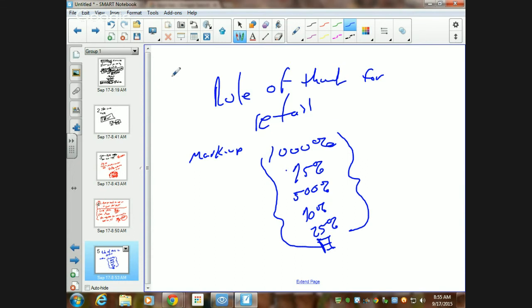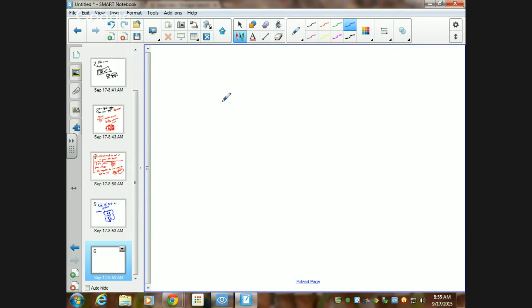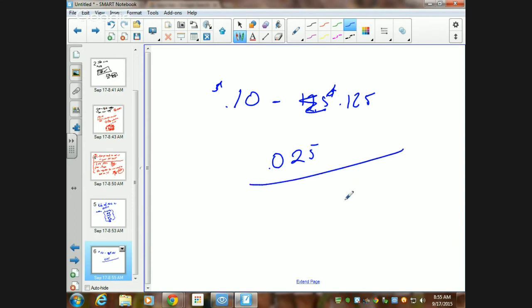If you had a product that cost you 10 cents, and you're going to mark it up only 25%, that means you're going to sell this for 12.5 cents. So every time you sell a unit, you're only making 2.5 cents. Does that sound good? Does that seem like it's worth your time?